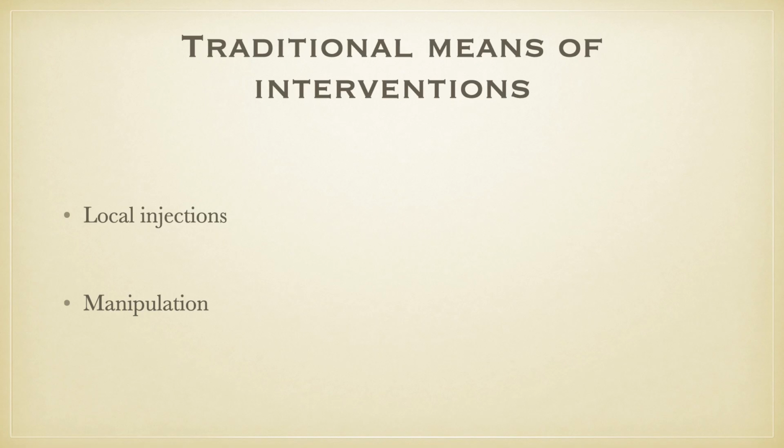Obviously, that's not within a manual therapist's practice act normally, unless you're also an MD or a DO. But what we're going to be using is manipulation, mobilization, and other stretches that we can do.